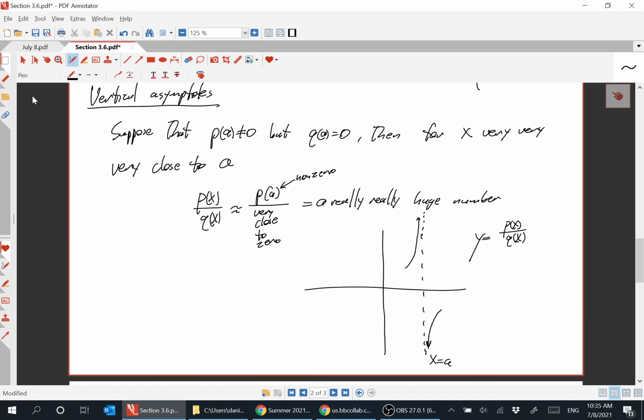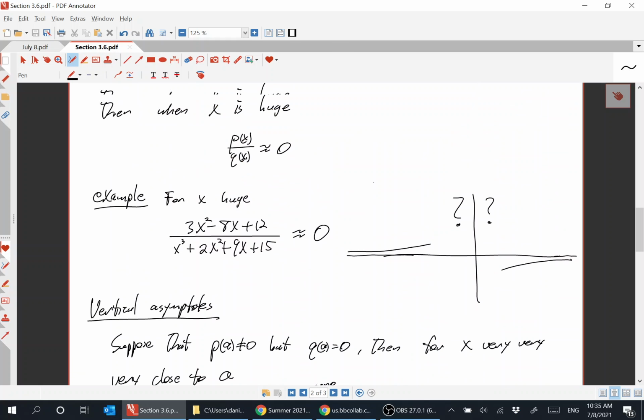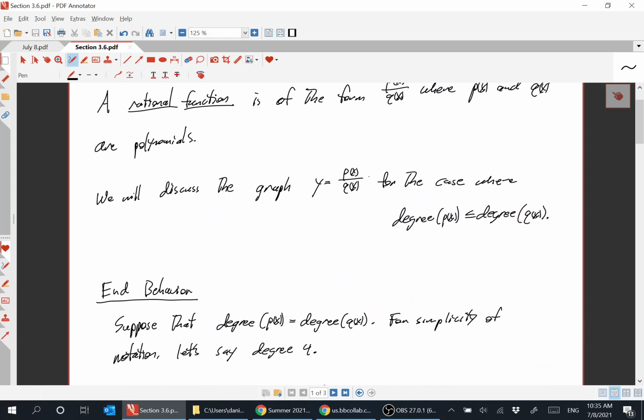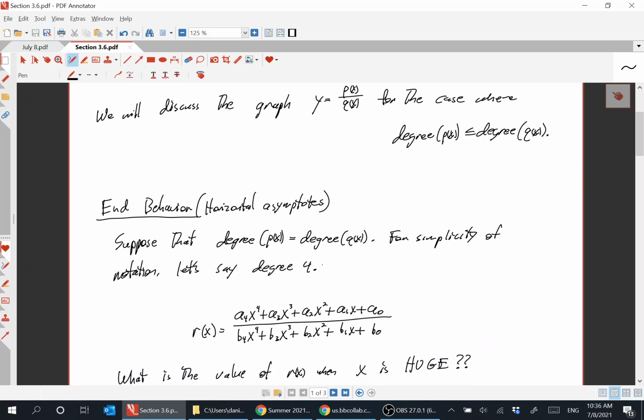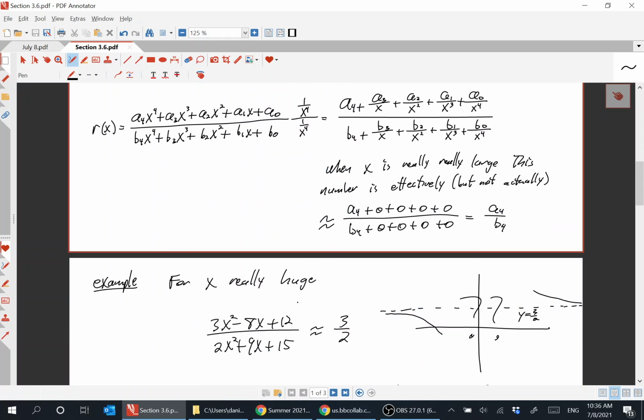All right. So we know about the end behavior of the graph. We know about these horizontal asymptotes.